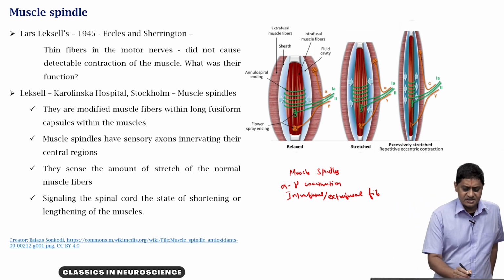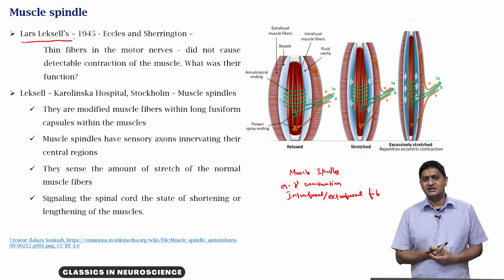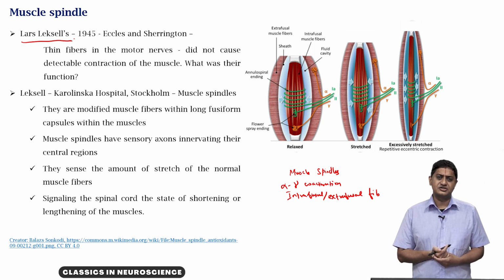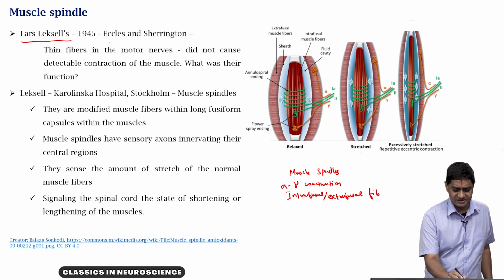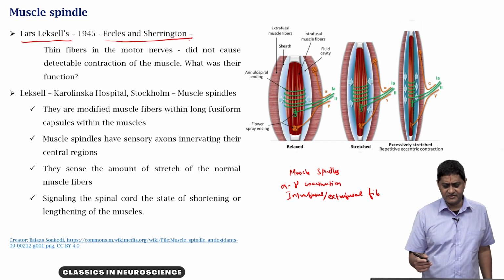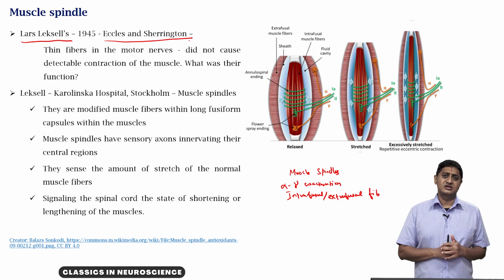In the 1940s, Lars Leksell, a medical professional at Karolinska Hospital in Stockholm, Sweden, started working on a problem that was suggested by Eccles and Sherrington in the 1930s. Eccles and Sherrington observed that there was a set of thin fibers in the motor nerves, much thinner than the other set of fibers, the large diameter motor neurons.